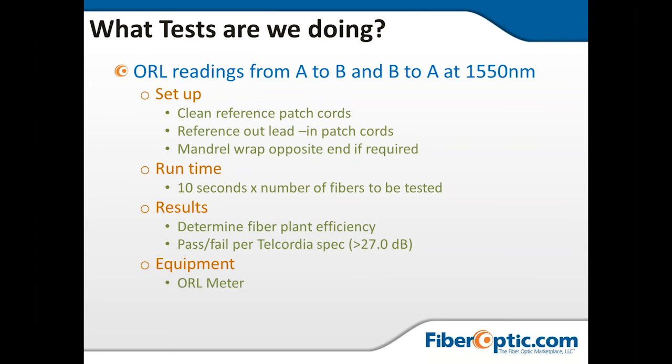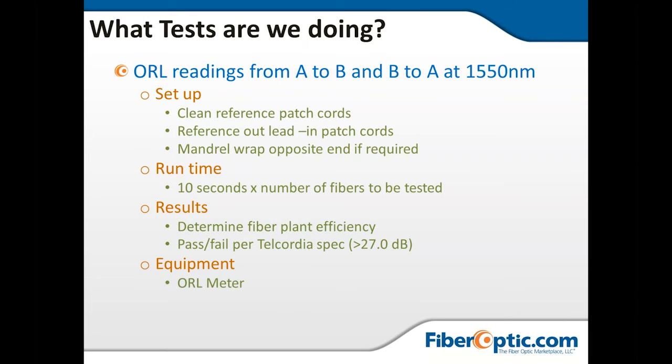Now, if we've done a visual inspection and cleaned or replaced connectors before we ever start this test, we should pass ORLs. That's pretty straightforward. A bigger number is better. It's a little counterintuitive to talk about loss and the bigger number is better, but with this formula, a bigger number is better, and with DWDM, you're going to be shooting for 30 or greater ORLs.